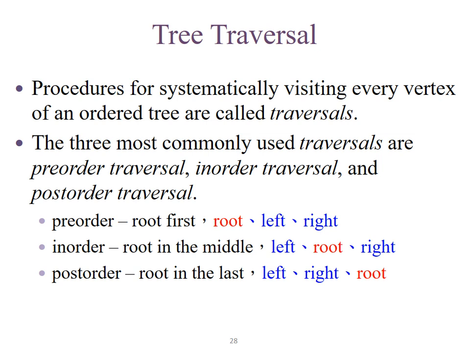So you can see the names of these algorithms, pre and post. Pre means we visit the root first. So you need to visit the root and then visit the left and right subtrees. Okay, if we apply the in-order algorithm, that means the root is in the middle.